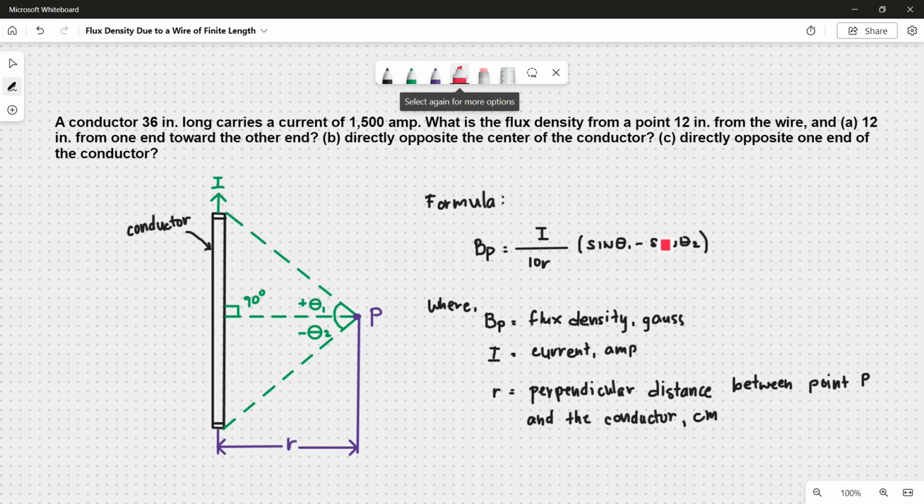And theta 1 and theta 2 are angles measured as indicated. Note particularly that theta 1 and theta 2 are given opposite signs, positive and negative, when the angles are on opposite sides of a normal line from point P to the conductor.